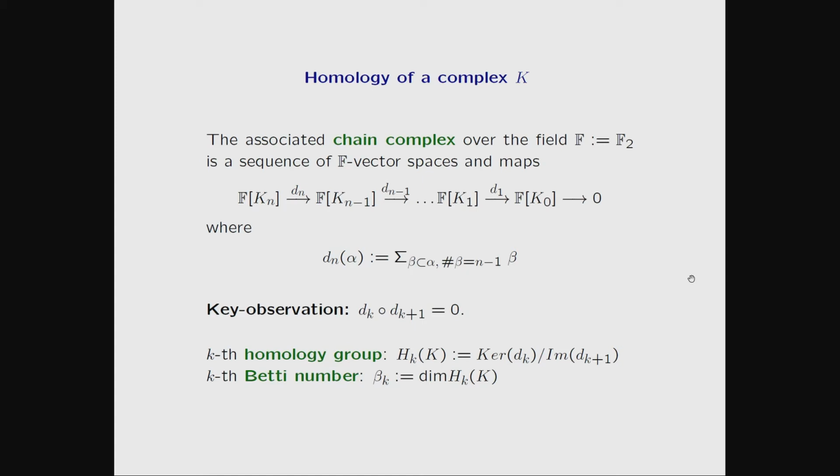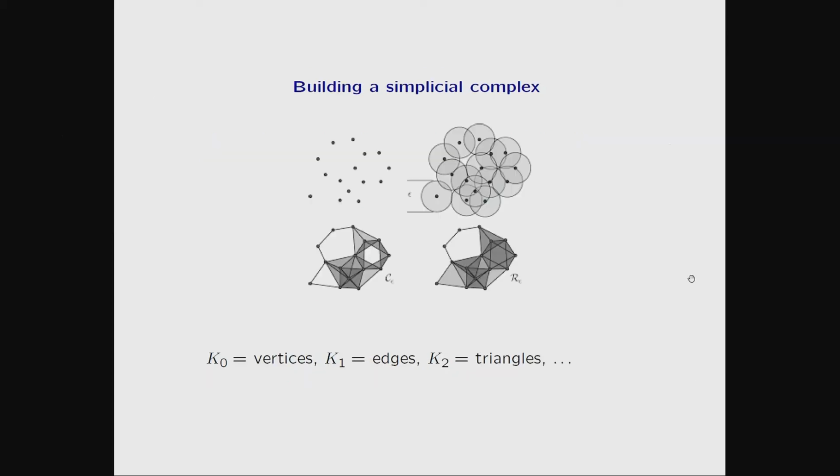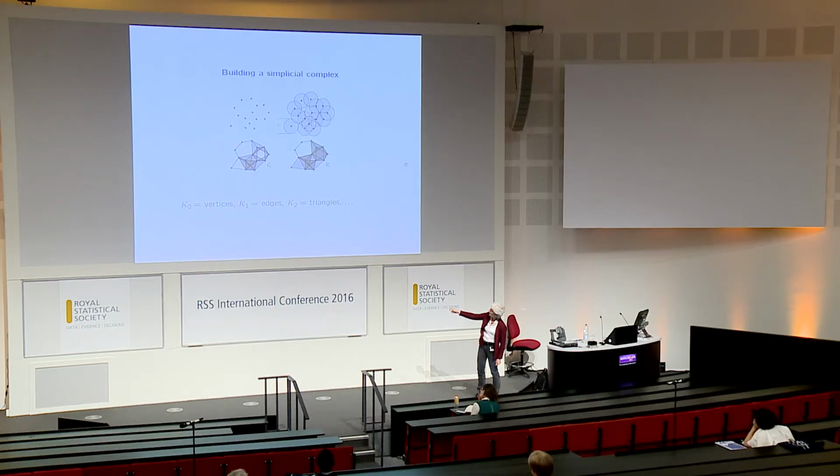Okay? So let me go back. For example, this edge here is a basis element in K2. I have this plus this element as its boundary. Okay, very simple.